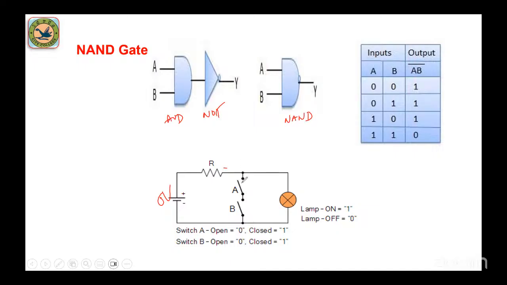If A is open and B is open, the bulb will glow. If A is closed and B is open, the bulb will glow. If A is open and B is closed, the bulb will glow. If both switches are closed, the bulb doesn't glow. This is the NAND gate.